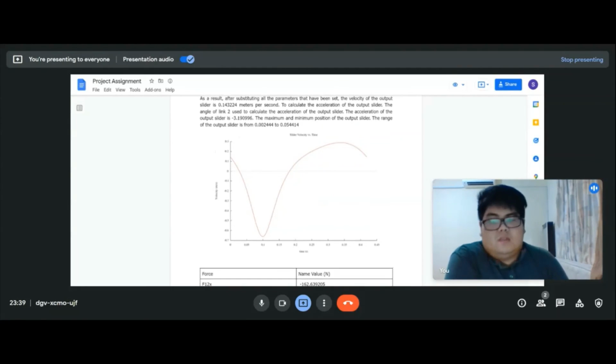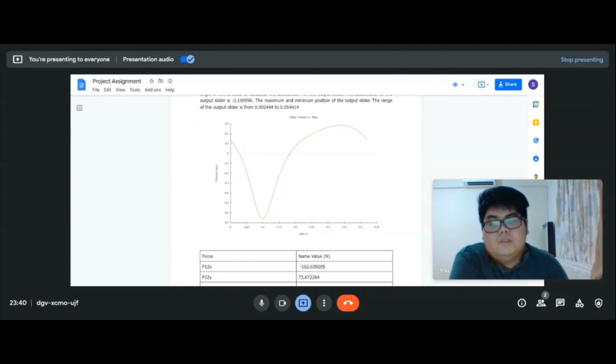So this is an example of the slider velocity versus time, and we can see the difference between the return and outgoing speed. I mean not speed, the time consumed for the velocity to go through.